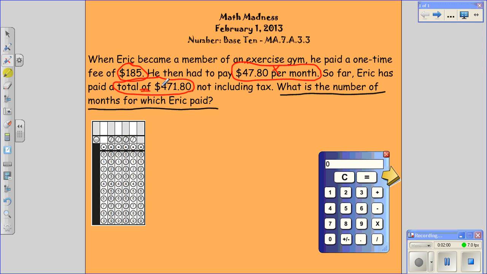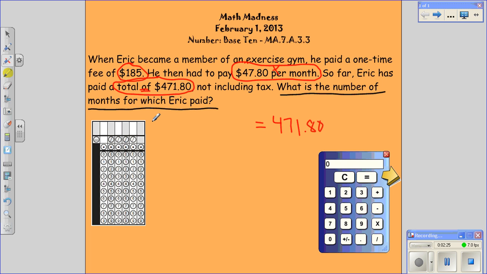So he paid a total of $471.80. So we're going to go equal, because total means we're going to need an equal sign, 471.80. And on this side, we know that he had to pay $47.80 per month.